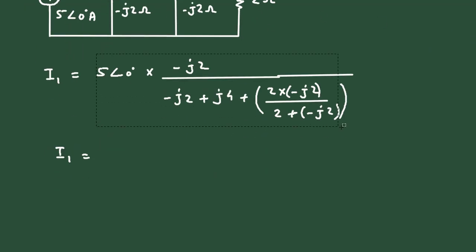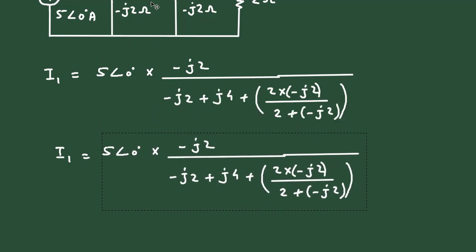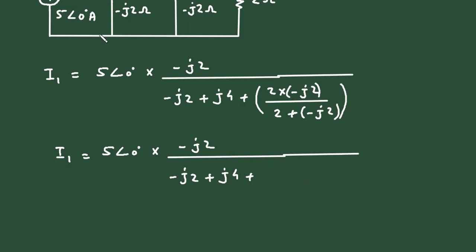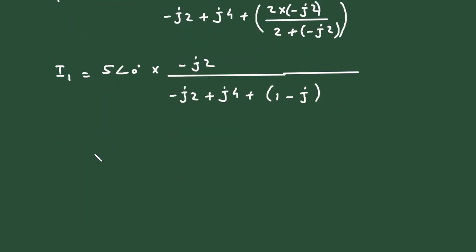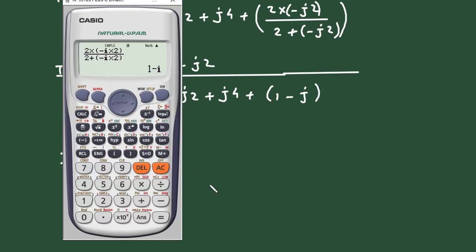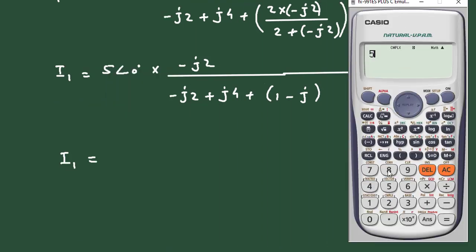Let's copy this, and this part is 1 minus J. Now, if we solve this in the calculator, it will be 5 at an angle 0 multiplied with minus J into 2 divided by minus J into 2 plus J into 4 plus 1 minus J, bracket close.